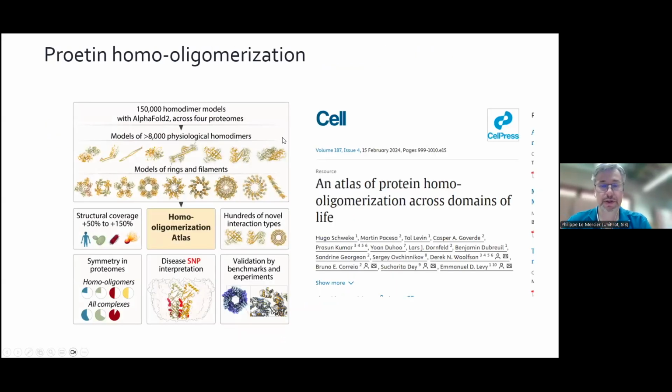I told you this is kind of simplistic, but there are of course people working very strongly now to make it efficient. This is an example of a publication by Emmanuel Levy's team in Geneva, in which they are making homo-oligomer predictions, but this time computing every atom's predictions and having something very clean and reliable.